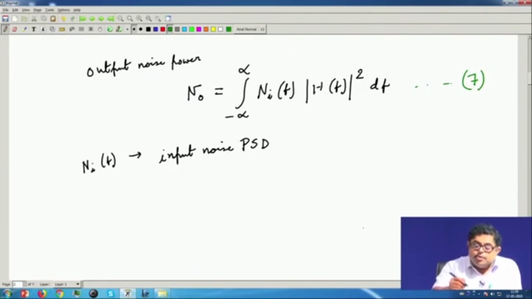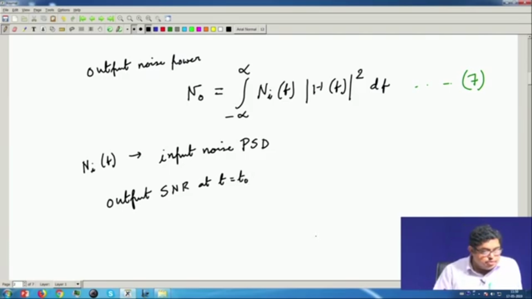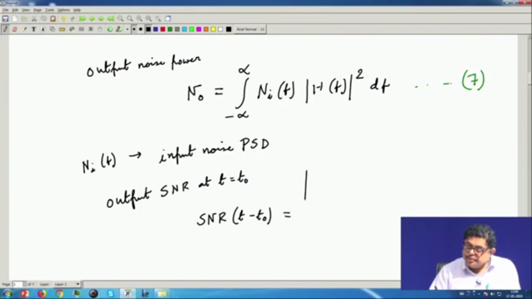So, now I am in a position to find the matched filter output SNR at t equal to t_0. I will call it SNR at t_0, that will be the signal power; the signal power was equation 6 divided by equation 7.